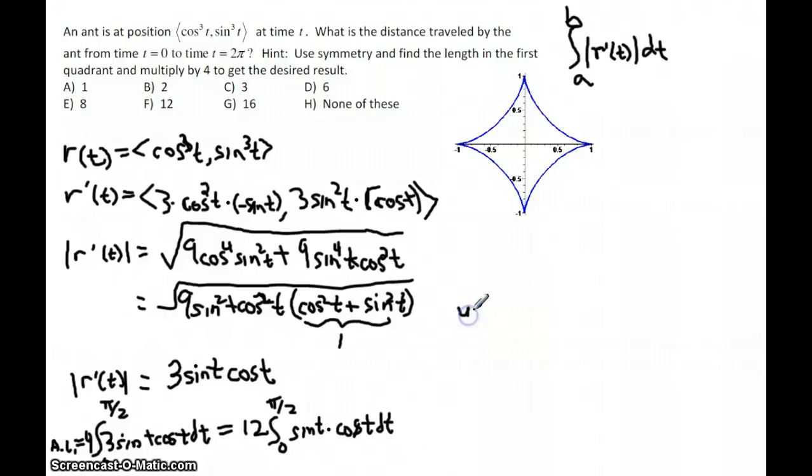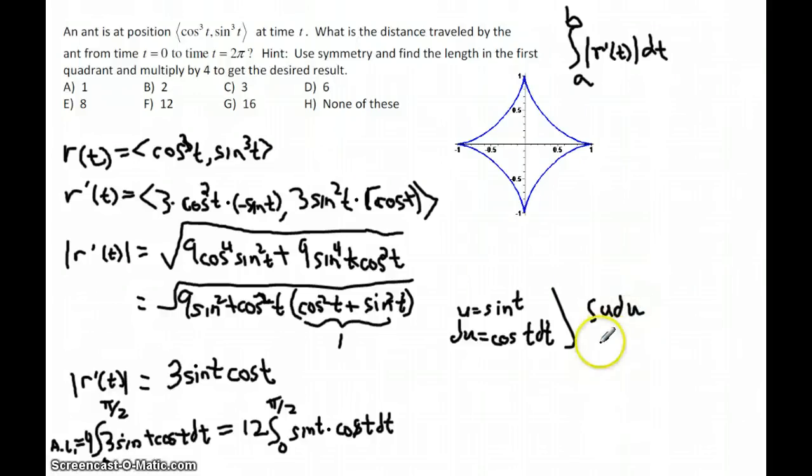If you let u be sine t, then du is cosine t dt. Whenever you see one part of the integrand and the other part being its derivative, especially when it's exactly its derivative, that makes things tremendously easier, because then we're just integrating u du. And we know that to be u squared over 2.